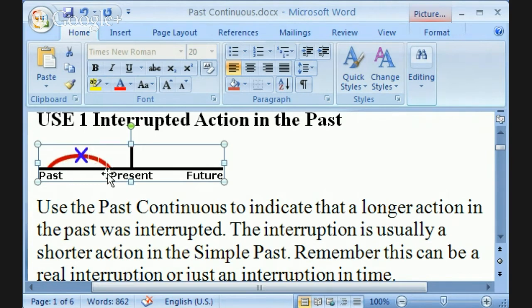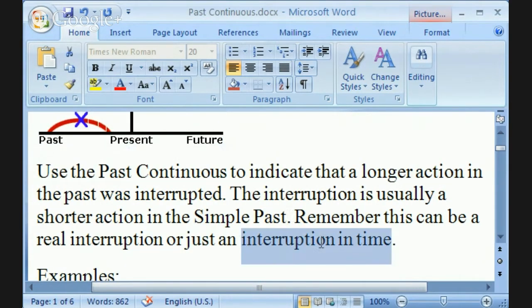The purple X symbolizes another action that happened sometime during the progress of the past continuous action. So that purple X represents the simple past. Or that purple X can be just an interruption in time, a time word or phrase which indicates a specific time in the past, obviously, that interrupted the action.